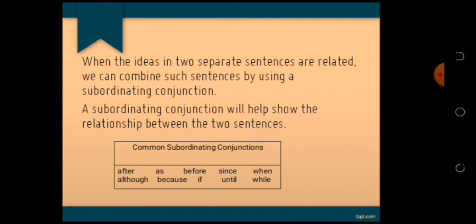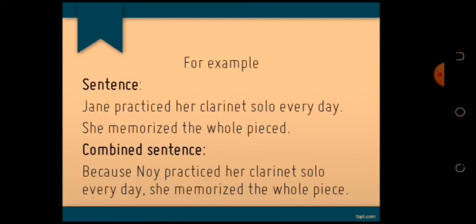A subordinating conjunction will help show the relationship between the two sentences. Now, what do I mean? For example, we have: Noi practiced her clarinet solo every day. She memorized the whole piece. The result sentence can be: Because Noi practiced her clarinet solo every day, she memorized the whole piece.